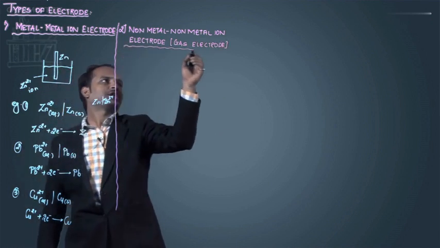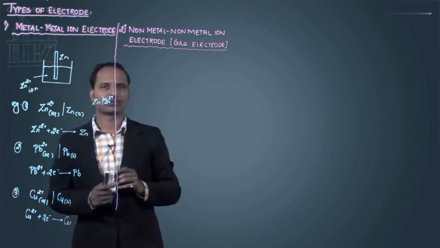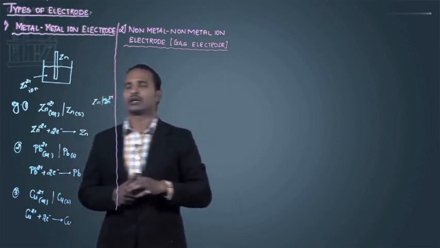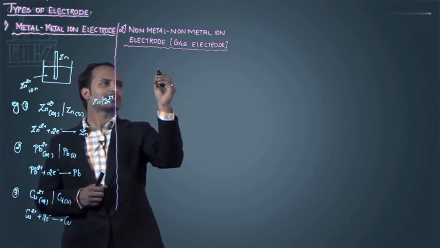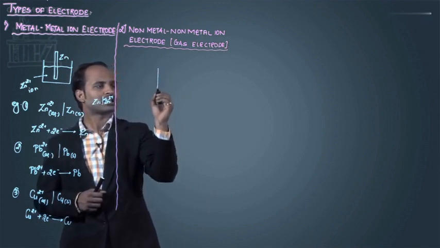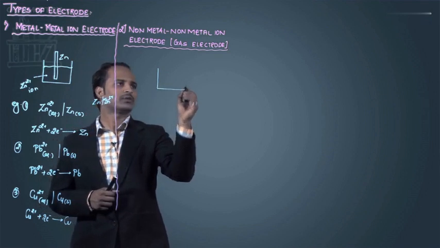So the non-metal ion electrode, as I said, is also known as a gaseous electrode. It is an electrode where gas is passed through a solution containing the same ions of which the gas is made up.